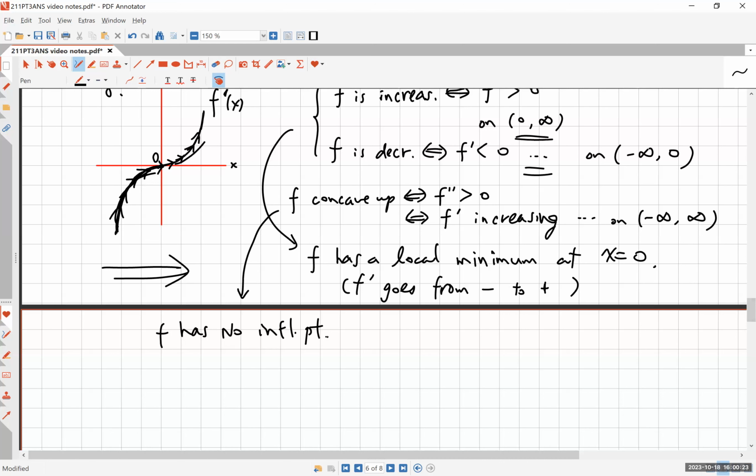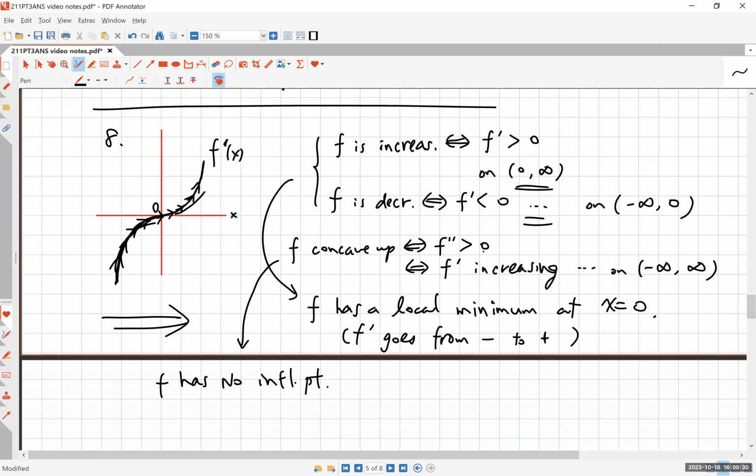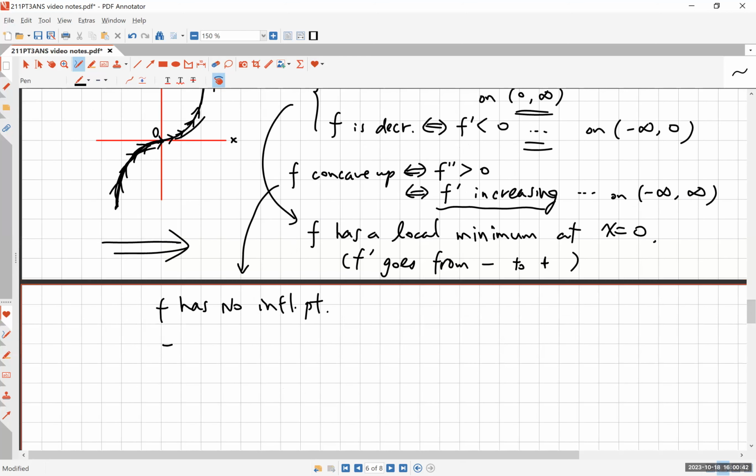If the second derivative is positive, that means f prime is increasing. It seems to be increasing at every point. Let me just explain this more carefully here.